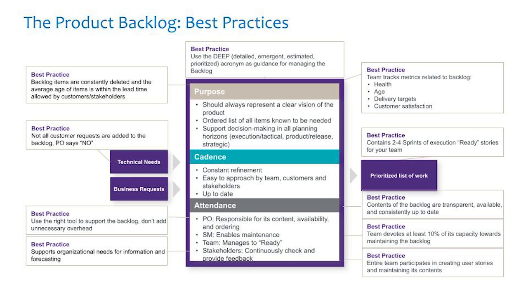Even if there's no communication happening, this should be in a transparent technology like a Jira, where individuals can read a few items in this backlog and see what the vision is. This is an ordered list, so we know what the priorities are, top to bottom. This supports decision making in all planning horizons: executable, tactical, product release, and strategic.